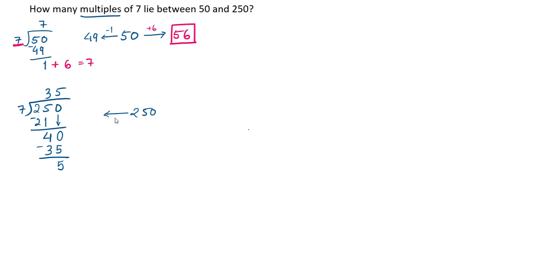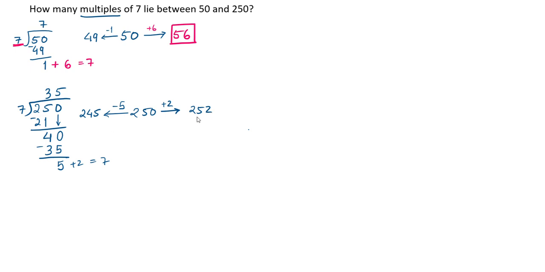So a number less than 250 which is a multiple of 7 would be, let's subtract this extra: 250 minus 5 is 245. And we could also add 2 to get 7, so 252.